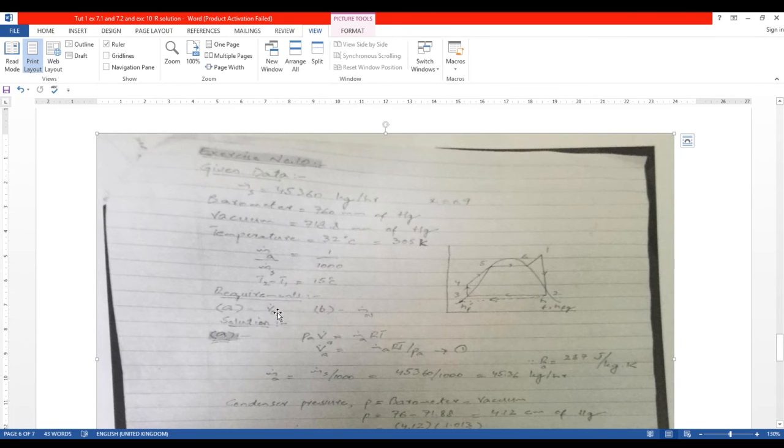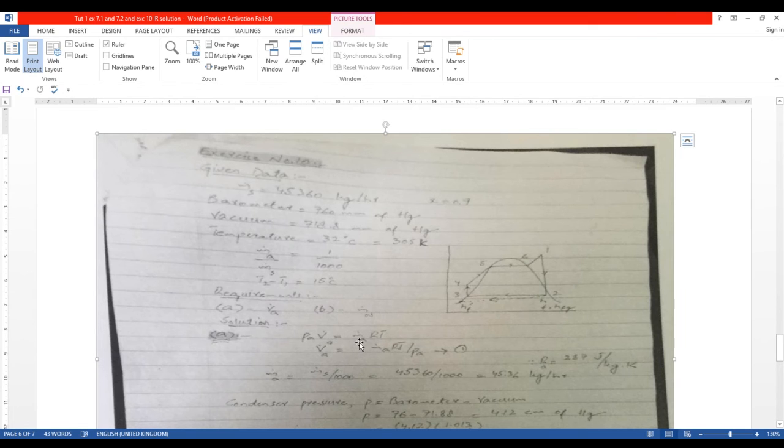So to find the capacity V dot A of the air pump, we use the same equation which we did before: PA V dot A equals m dot A R T, the equation of state. So we need to find the partial pressure of air.